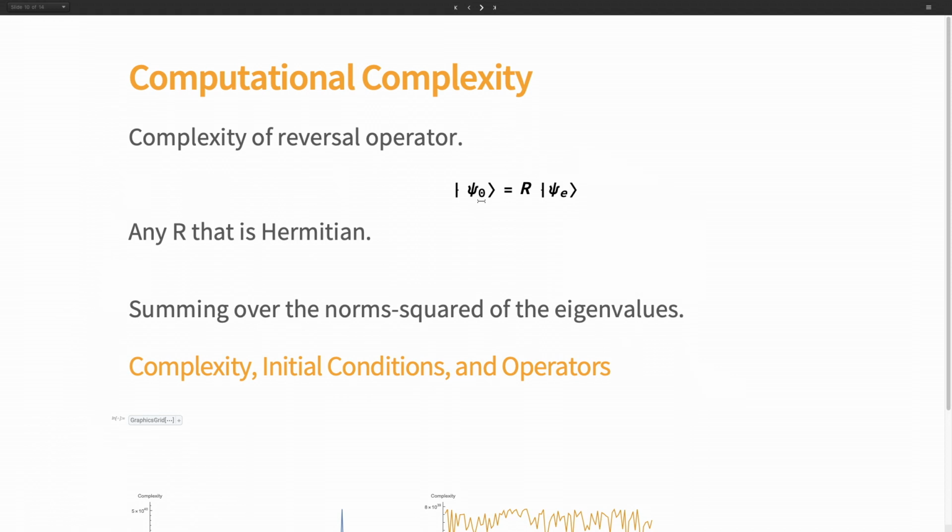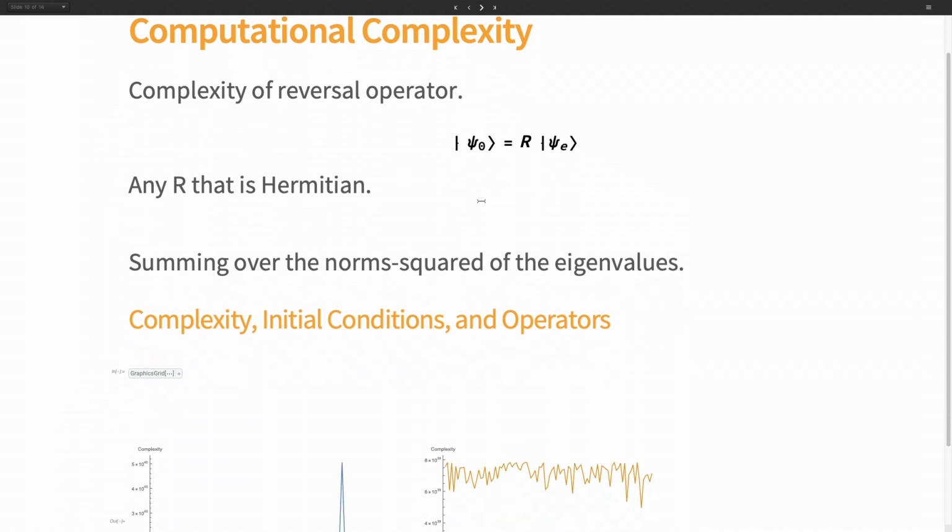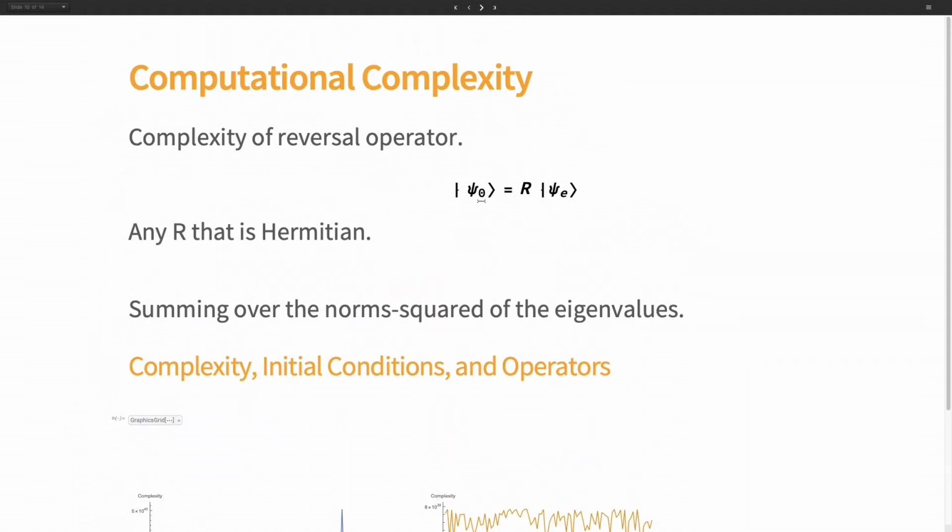The reason we did this is because physically, the scrambling complexity is how convoluted the measurement apparatus needs to be in order to measure the equilibrium state as the initial state. But another reason we had to impose this condition is that if we imposed that R was unitary, it took way too long for Python to find an R that was unitary, so we said, okay, a Hermitian R also kind of makes sense.